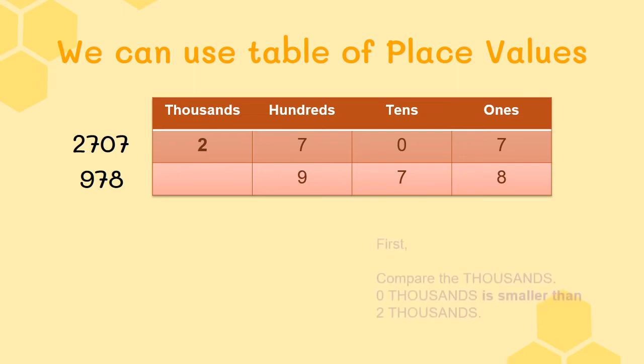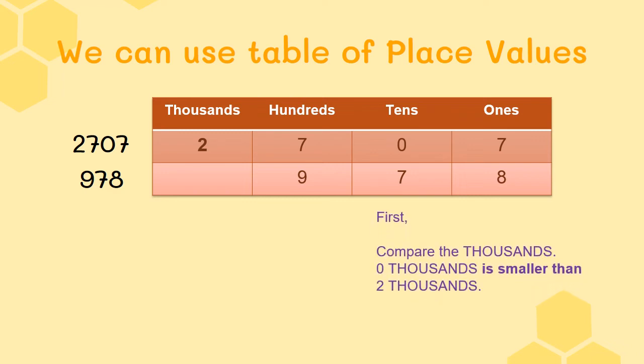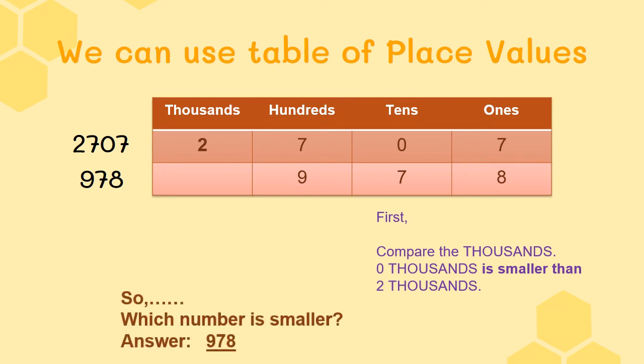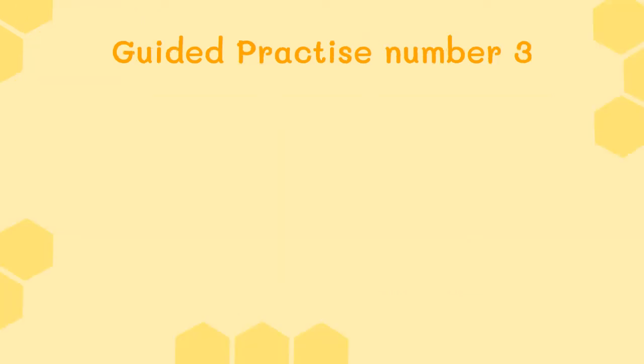So 0 thousands is smaller than 2 thousands. That means 978 is smaller than 2,707. So which number is smaller? Of course 978, because the number doesn't have thousands place. Easy, right? Let's go to the next question.